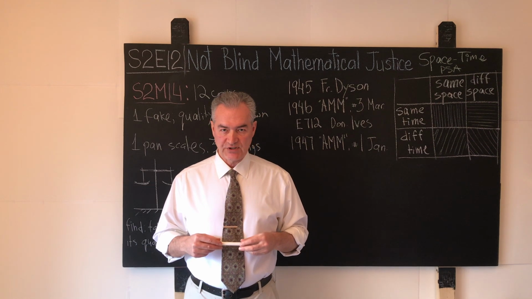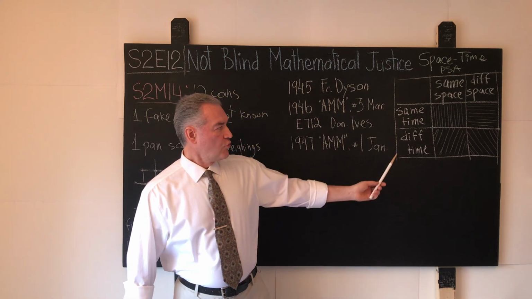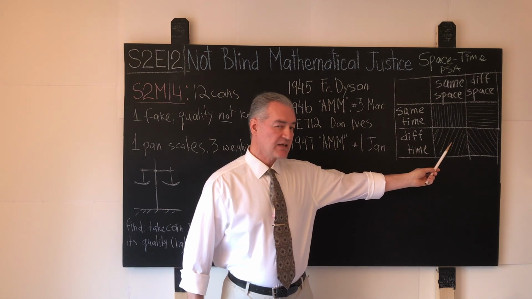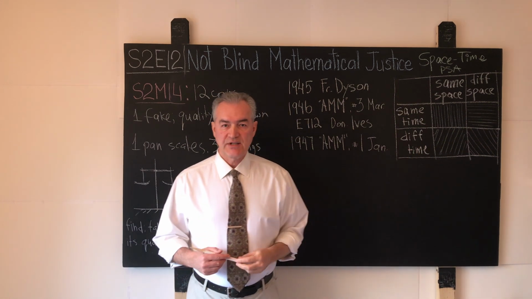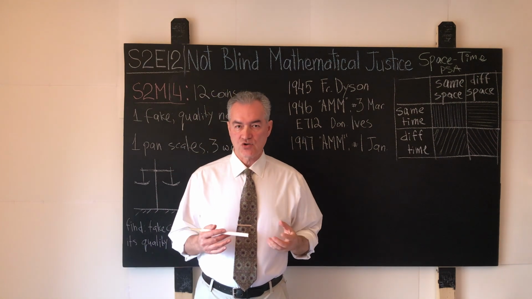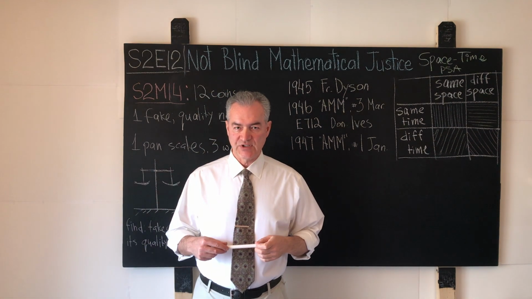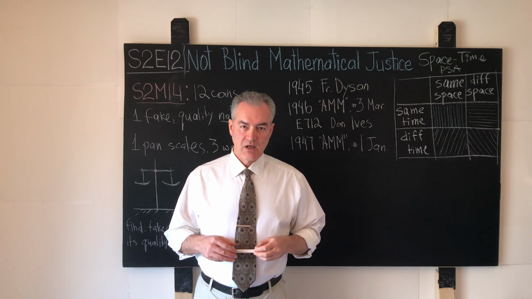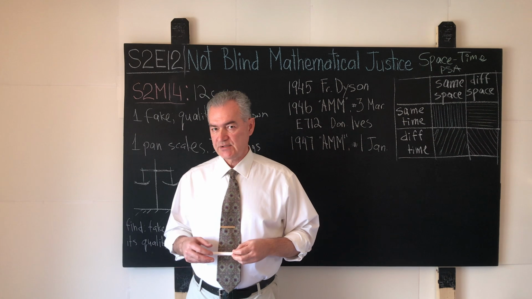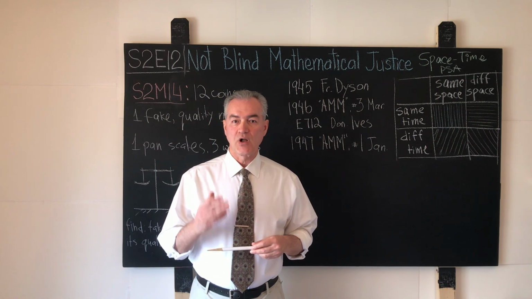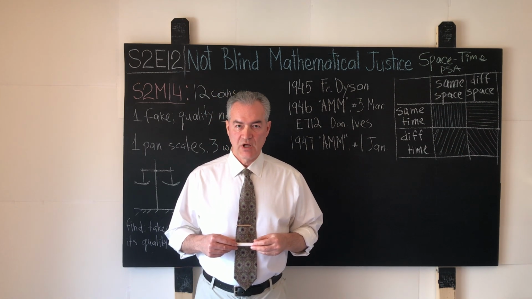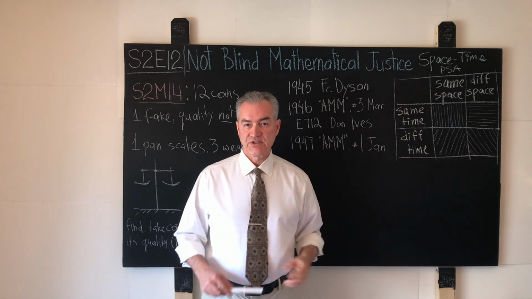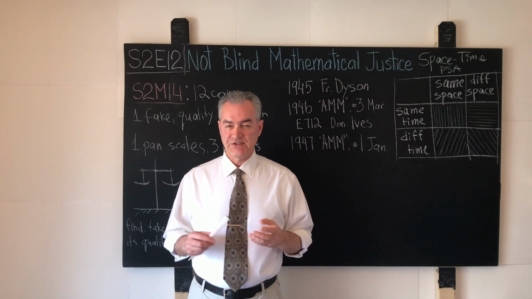For an example of things that can happen at different times in the same space, we can take again the same lecture halls and our favorite subjects. At 9 o'clock in the morning in lecture hall A, there is a lecture on mathematics, and at a different time, let's say 12 o'clock in the afternoon, in the same lecture hall, or in the same space, there is a lecture on physics.